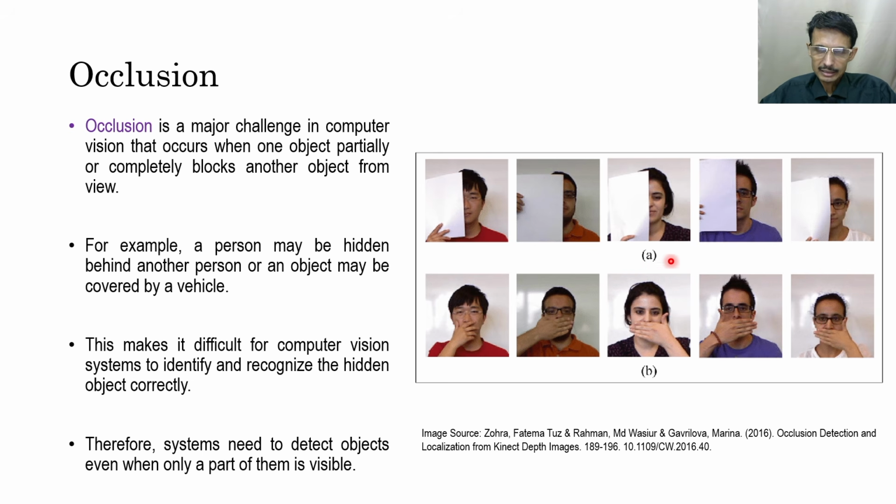Occlusion makes computer vision tasks very complex, for example in face recognition, even if the mouth portion is occluded. How we deal with this occlusion problem is another very important problem of computer vision.